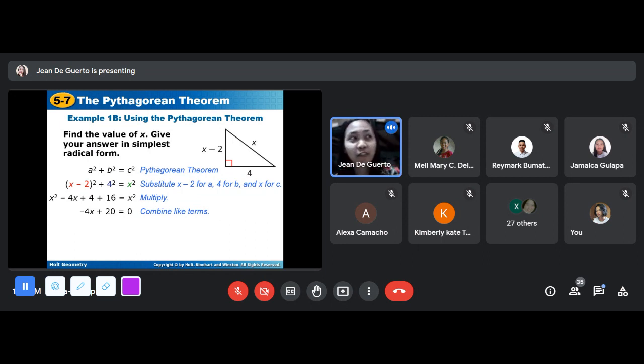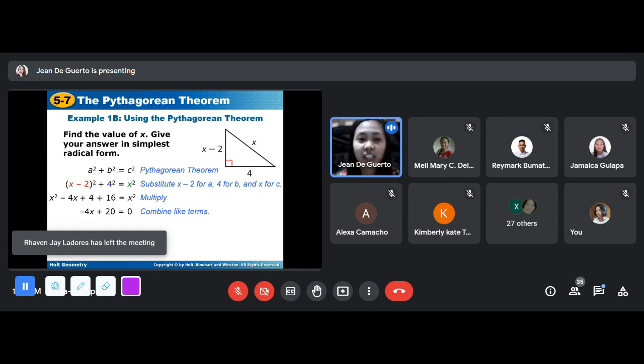But we have the different properties of equality. So yun yung ginamit dito sa slide actually. You add 4x to both sides of the equation para makancel yung negative 4x dyan, by the use of addition property of equality.